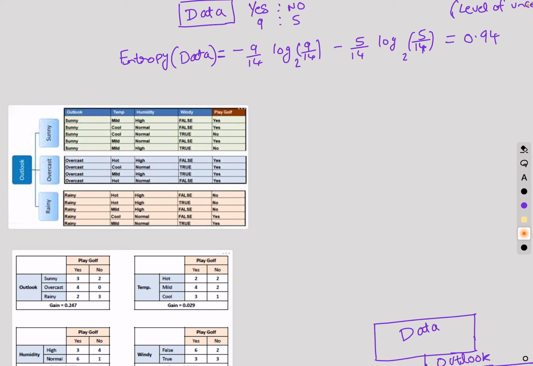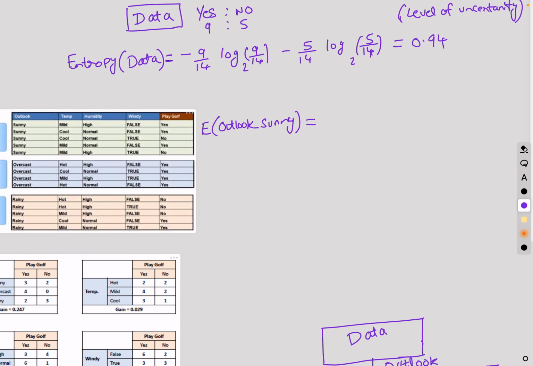Let's find out what the entropy will be in each of these subsets. I'll write it like this: entropy with respect to Outlook_sunny subset. How many records do I have here? I have 5 records, and out of these, 3 are yes and 2 are no. So the probability of yes is 3 by 5 and the probability of no is 2 by 5.